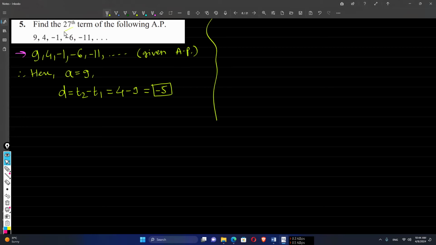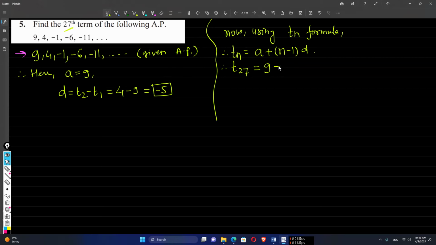Now let's find the 27th term of this AP. Now, using the Tn formula, okay, therefore Tn equals A plus in bracket n minus 1 times D. Therefore this n will be replaced with 27 since we have to find the 27th term of the AP.